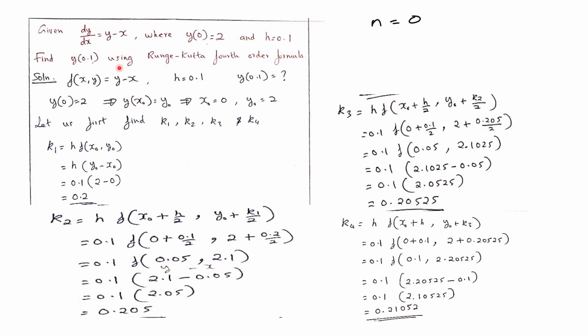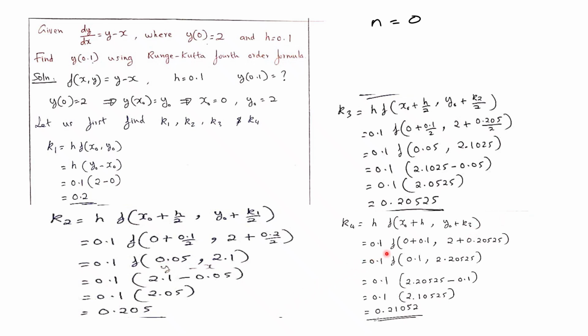Remember the function is y minus x, so 2.1025 minus 0.05 will give you 2.0525. When you multiply by 0.1, you get 0.20525.